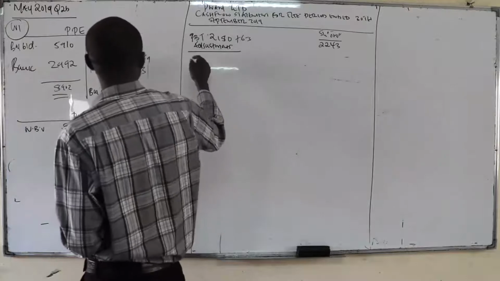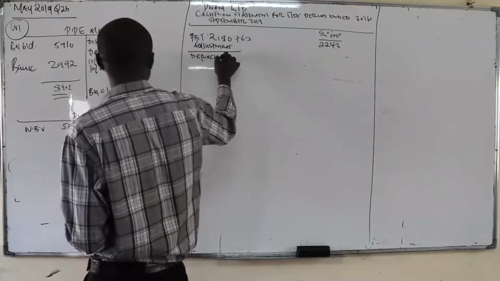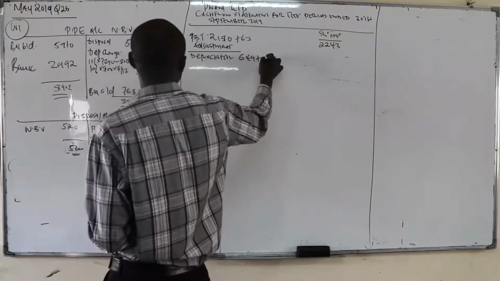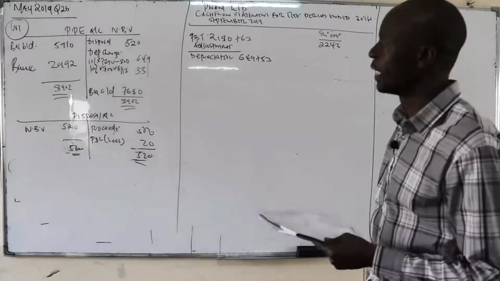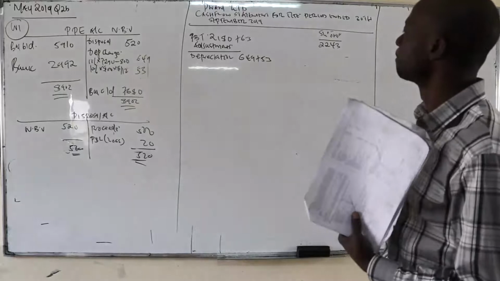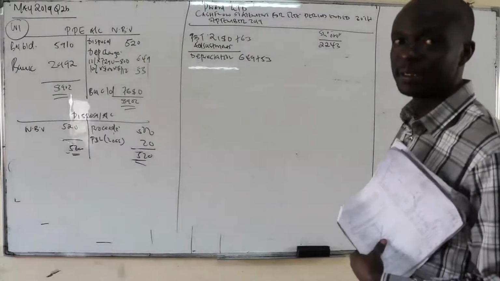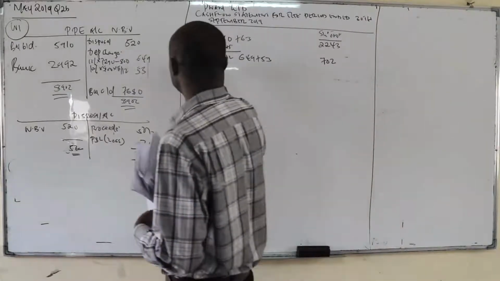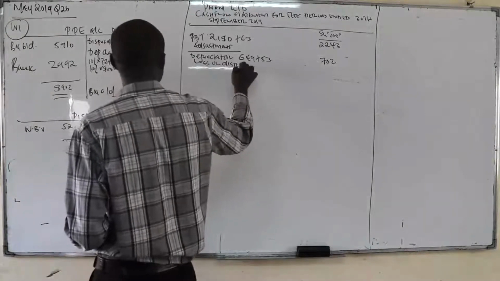So we write here depreciation. We add back depreciation. Depreciation is 649 plus 50, which is the depreciation charge for the year, which is how much? 702. And then loss on disposal, we add back loss on disposal.